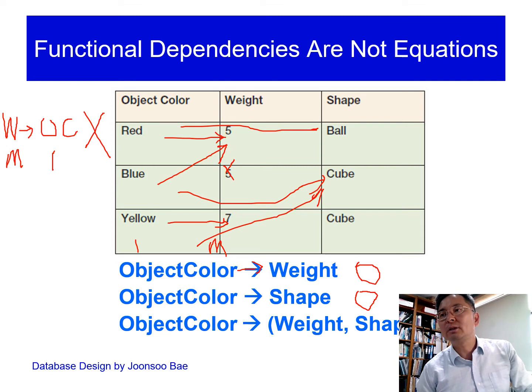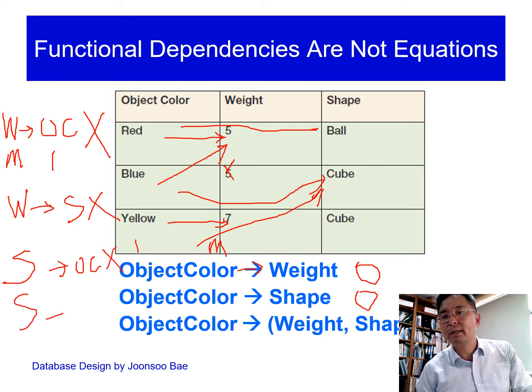How about weight to shape? Weight to shape is also the same way. It is not a function. How about shape will determine object color? This cube will have 2 mappings, blue and yellow. So it is not a function.